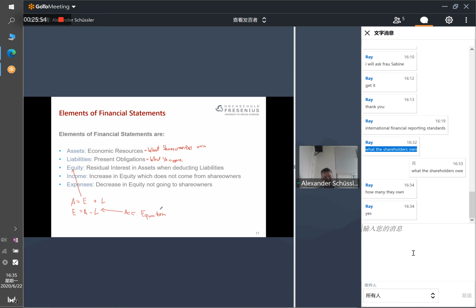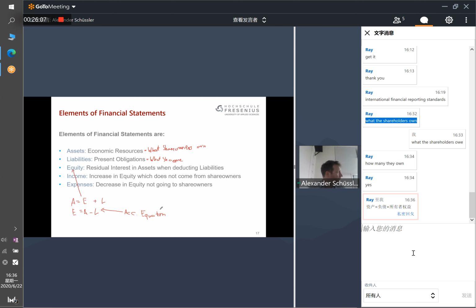Income is an increase in equity which does not come from share owners. Can you think of an increase in equity that comes from share owners?